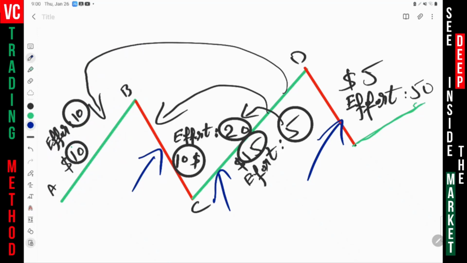So what do you think? Will it give us confidence in our direction, in our move? 100%. This is how the cumulative effort and result index empowers you to make your decisions based on this leading data.